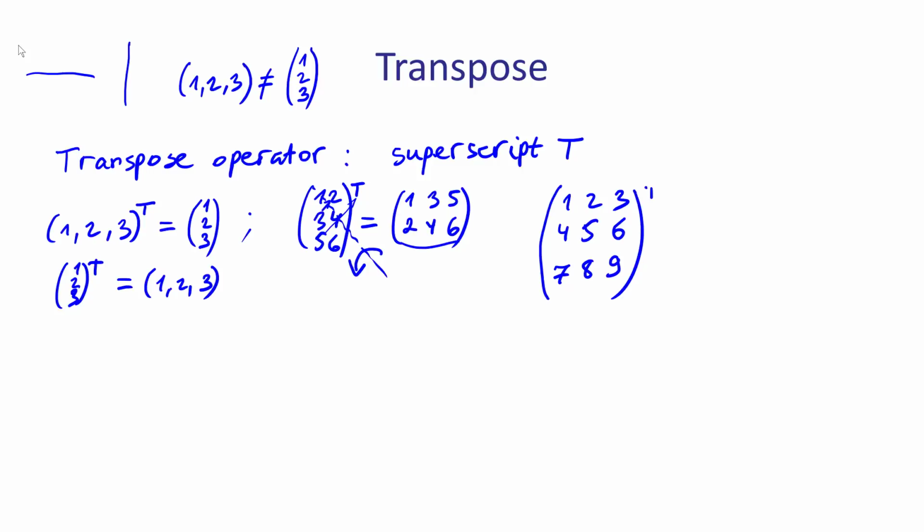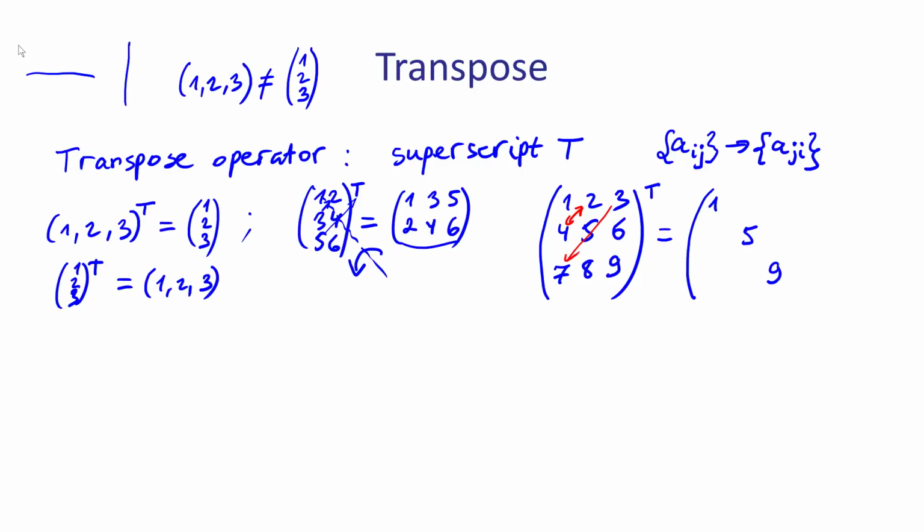If you take more complicated matrix, 1, 2, 3, 4, 5, 6, 7, 8, 9, and you're doing transpose to that matrix, this is what you get. So every element a_ij is technically replaced with a_ji. This is how you make transpose. So all of the main diagonal stays as is. Now the number 2 will exchange with this number.